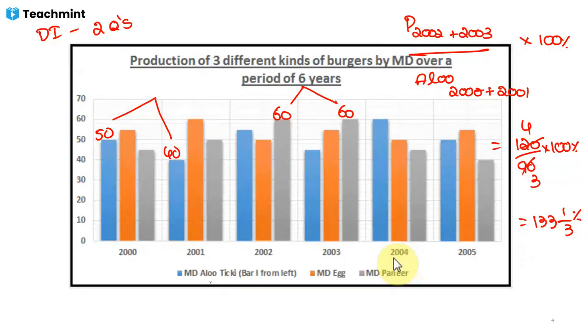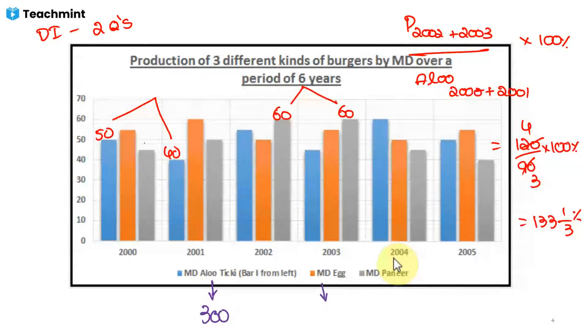Aloo tikki is this blue one: 50, 40, 90, 90, and 55, 145, 145, and 45, 190, 250, 300. You need to speed up that. Okay, I got 300 for aloo tikki.